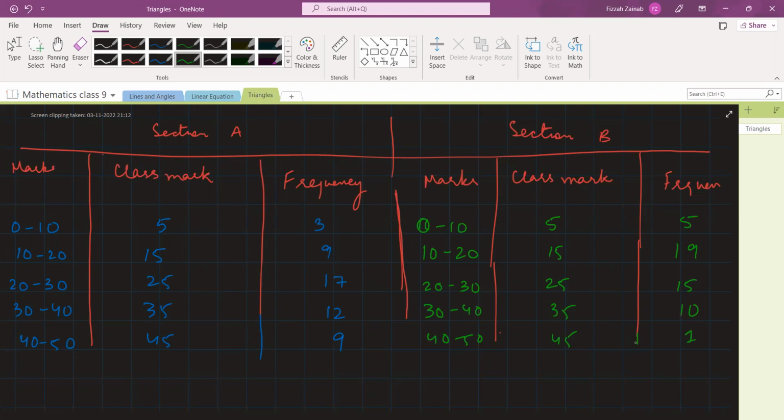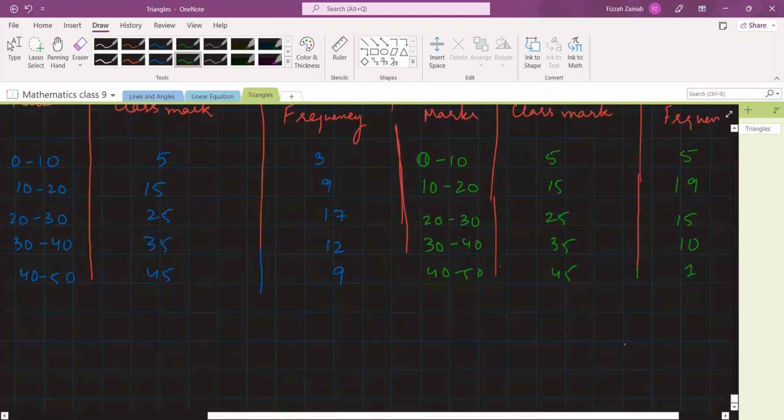Now the same graph paper you have to plot it. So the class interval is starting from 0 up to 50. And then for frequency, I think the maximum I can see is 19, right?